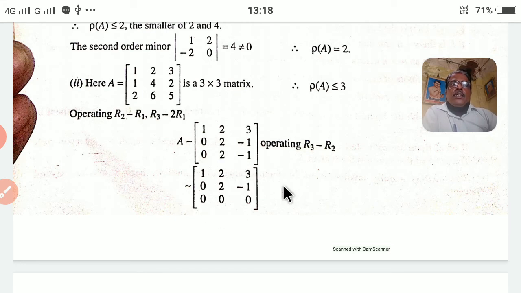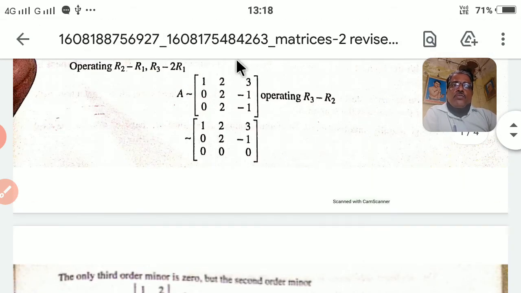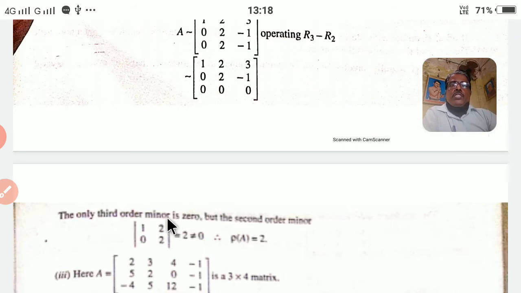So we go to the next lower order minor, that is the second order minor. From this matrix we can choose a second order determinant. Here I have chosen 1 2, 0 2. This is a determinant of second order, and we calculate its value as 2, which is not equal to 0. If it is not equal to 0, then we conclude that rank of A is equal to 2.